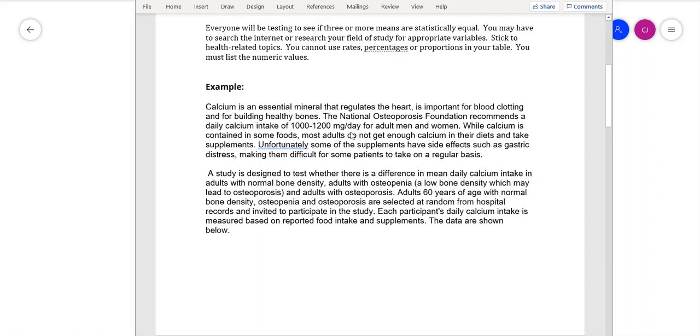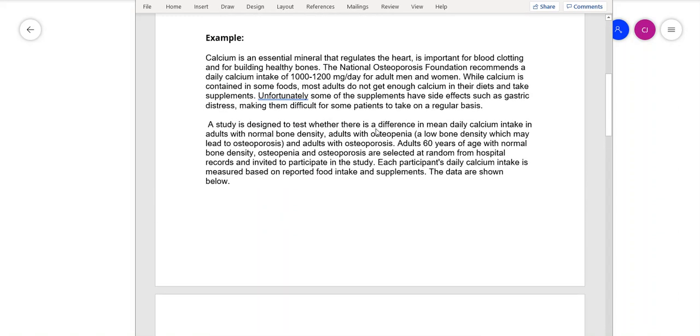Again, we're focusing here on the amount, a quantitative variable, in this case milligrams per day. Unfortunately, some of the supplements have side effects, gastric distress, making them difficult for patients on a regular basis.